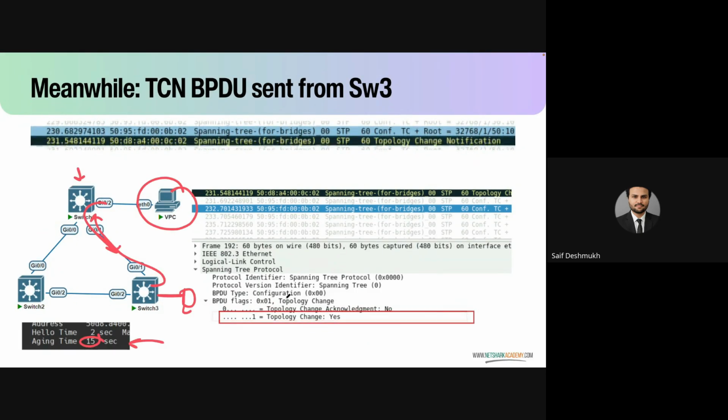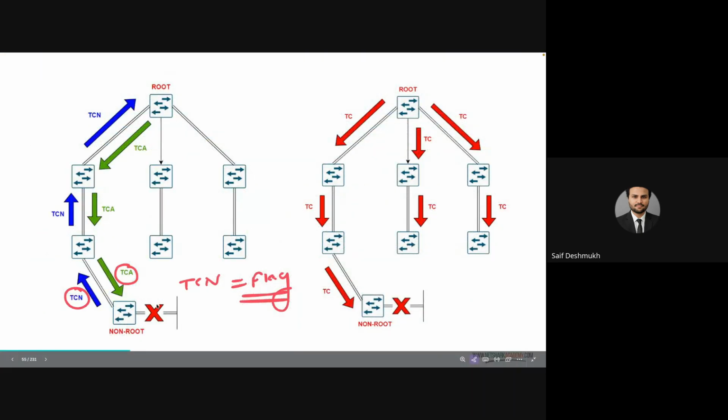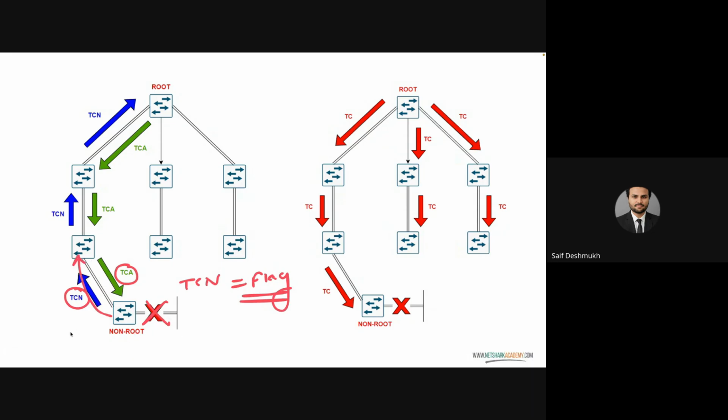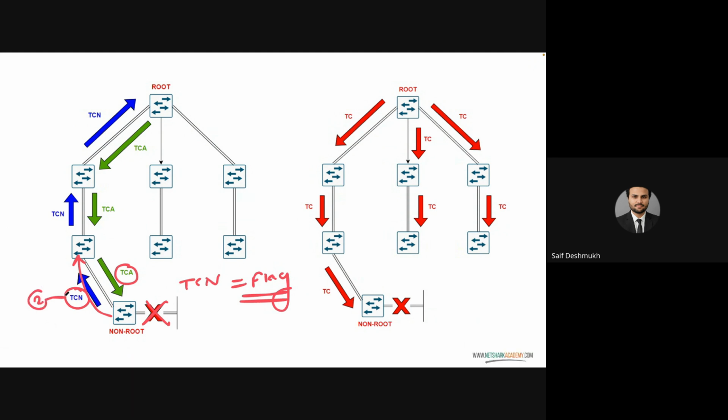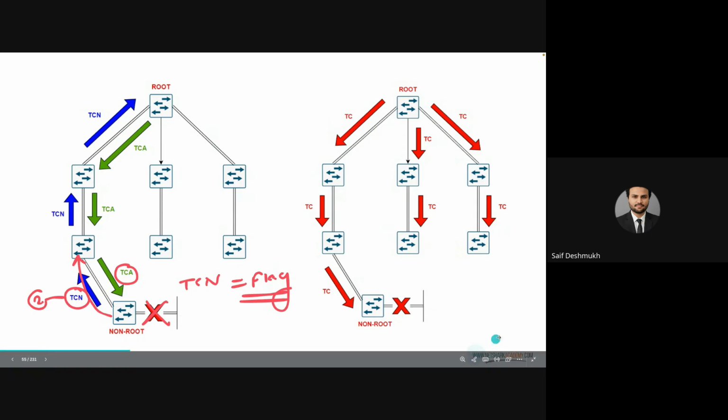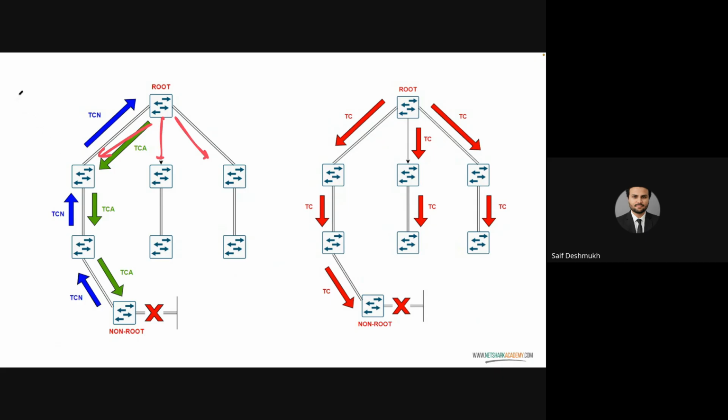The purpose here: something happened, the topology change triggered, and it has sent a topology change notification. This is the second type of BPDU itself, the second message being sent. Even before this, every 2 seconds, we were receiving BPDUs like this. But this was the first BPDU, the configuration BPDU.